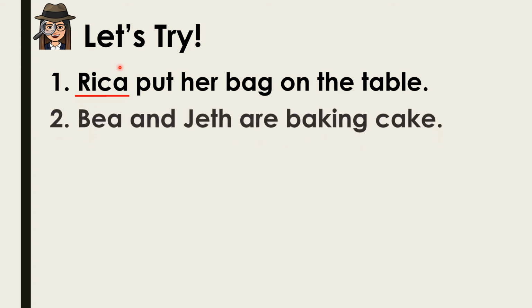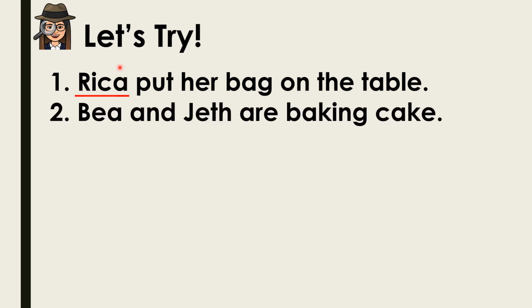Number 2. Bea and Jet are baking cake. So what is the antecedent? Very good. It is Bea and Jet because the pronoun here is are and are refers to Bea and Jet.